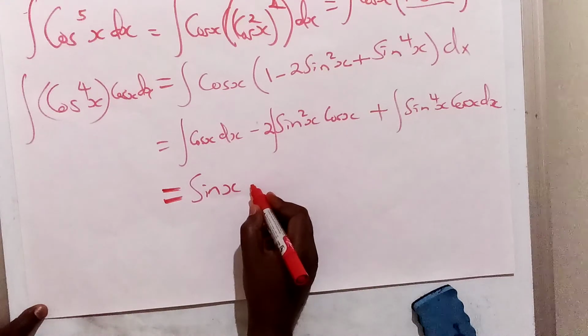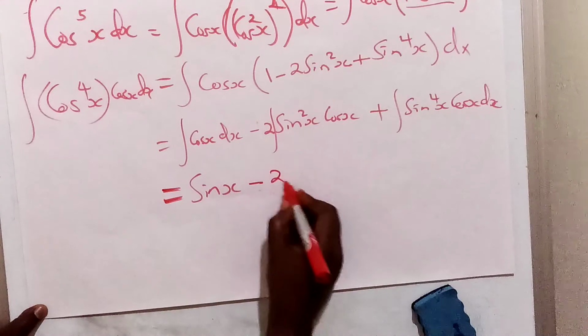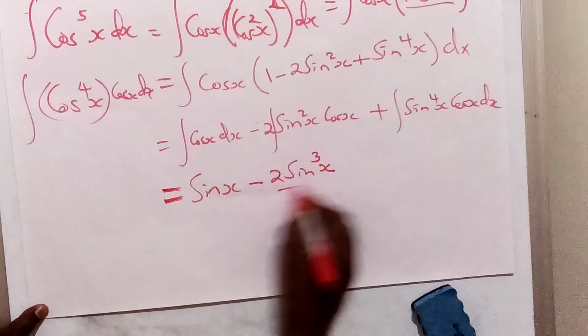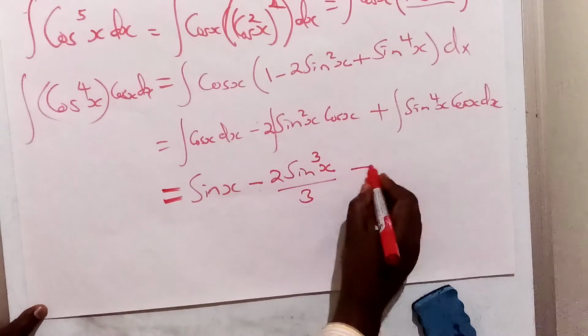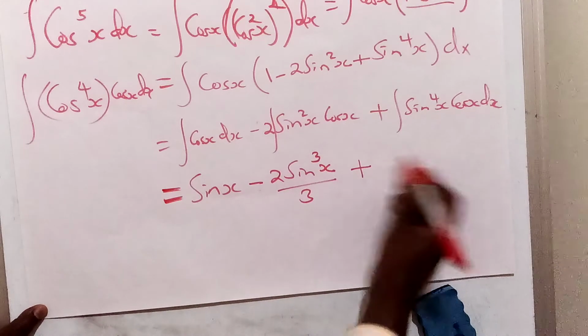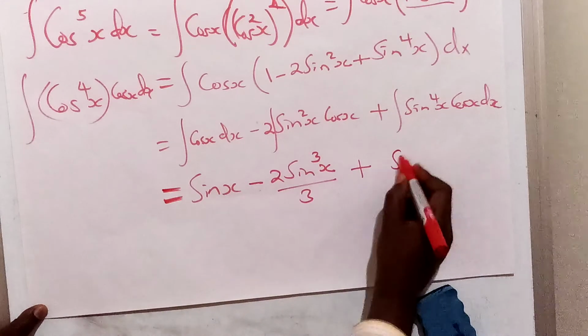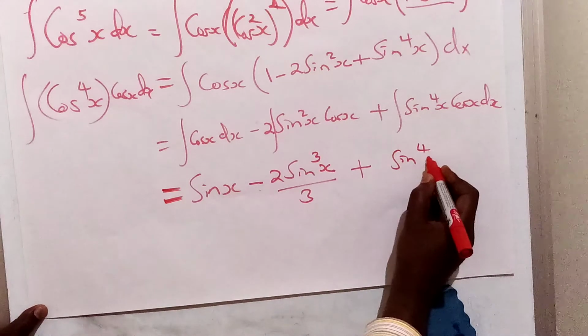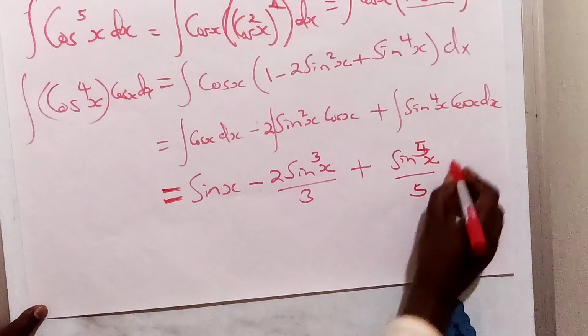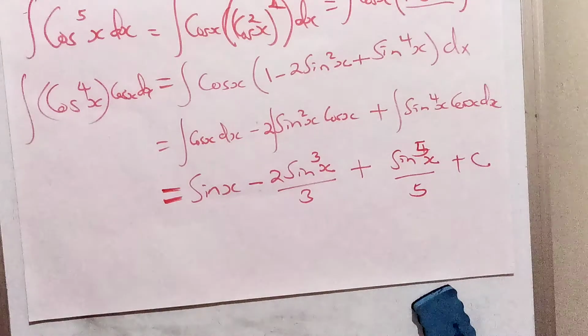Fair enough. So you have 2 sine cubed x over 3. Someone differentiated sine power 5, so you have sine power 5 x over 5, plus a constant.